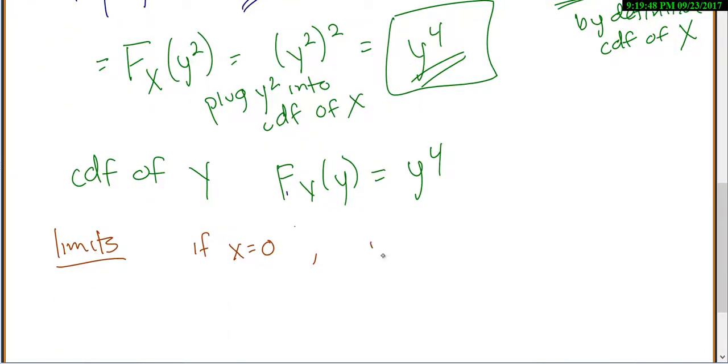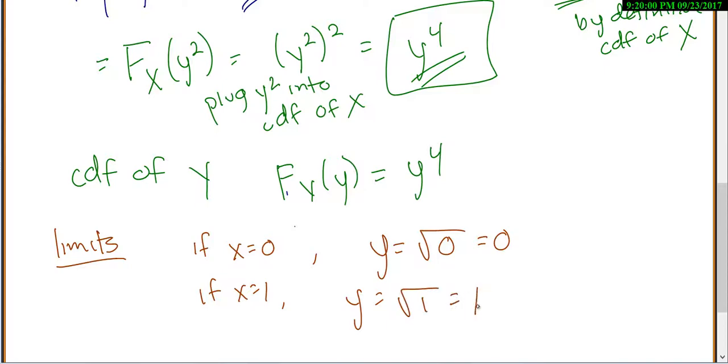So if x equals 0, then y equals the square root of 0, which is 0. And if x equals 1, then y equals the square root of 1, which is 1. So the CDF is y to the 4th for y between 0 and 1.